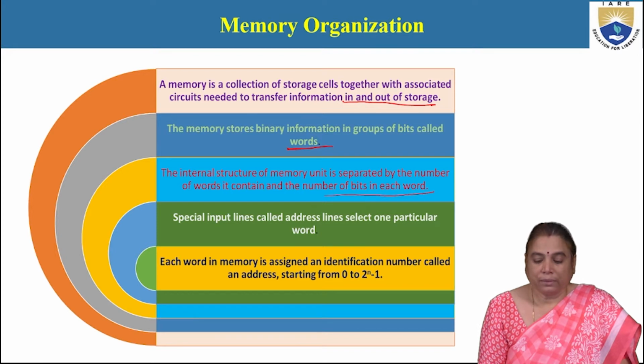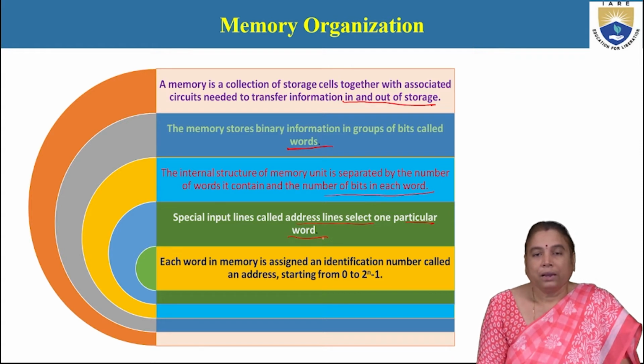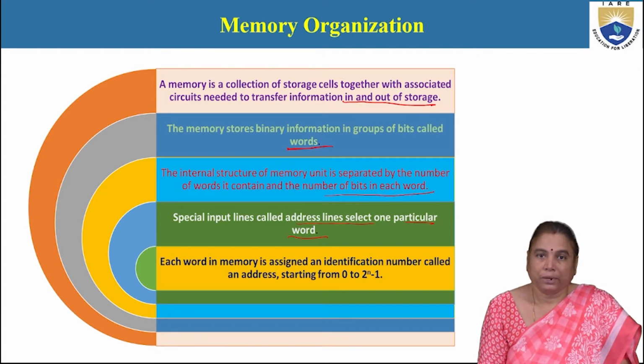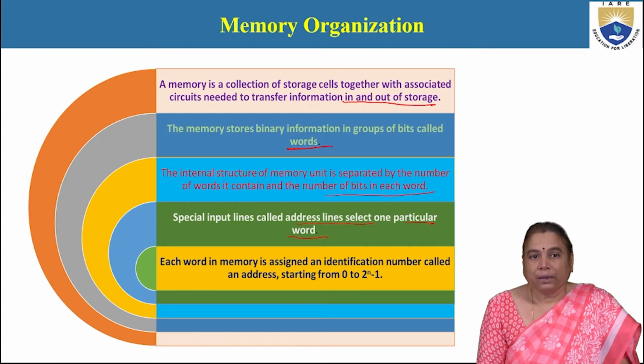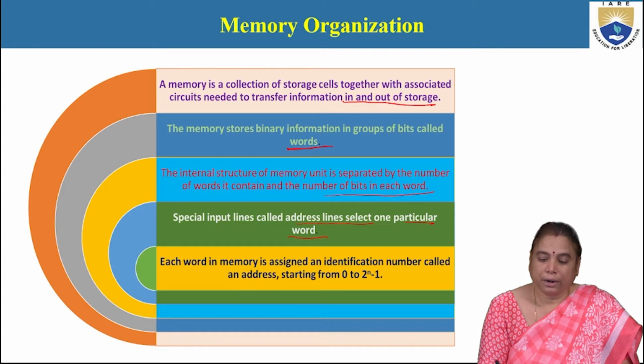Special input lines called address lines select one particular word. Generally, two operations are permitted on the memory: either a read operation or a write operation. At what location of memory these operations are performed is guided with the help of the address lines.